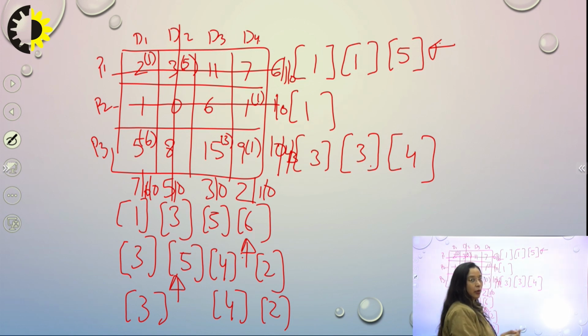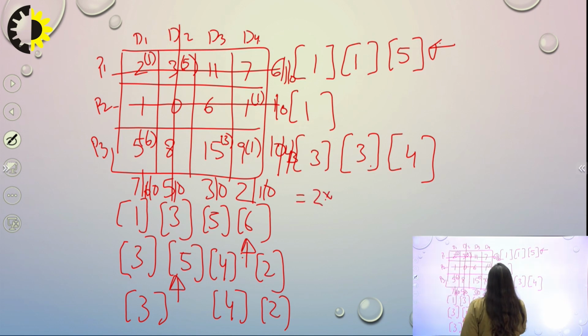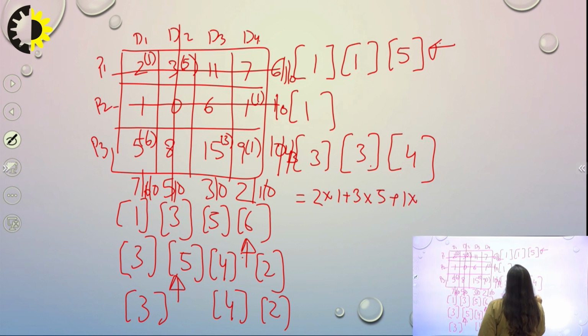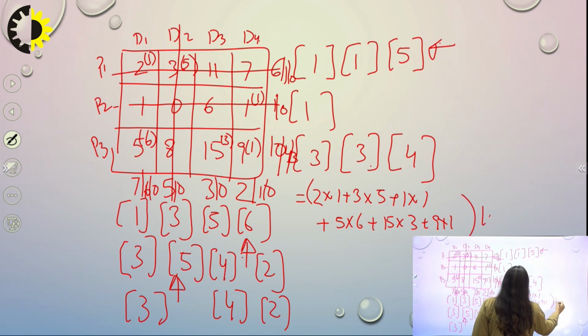Now we will find out what the cost is. So cost is 2 into 1 plus 3 into 5 plus 1 into 1 plus 5 into 6 plus 15 into 3 plus 9 into 1, into 100.